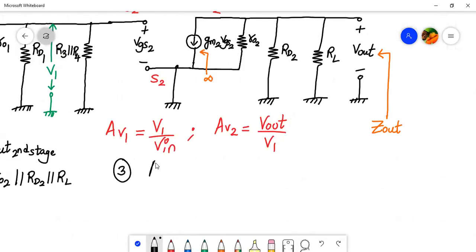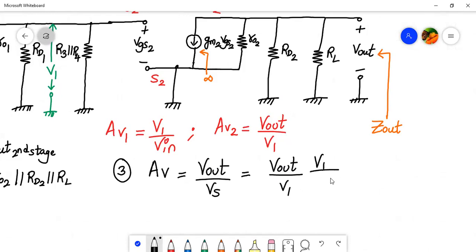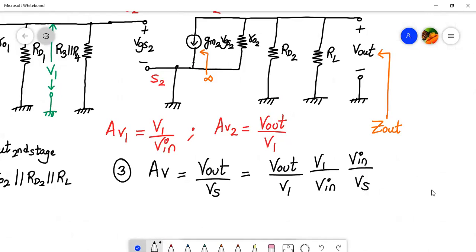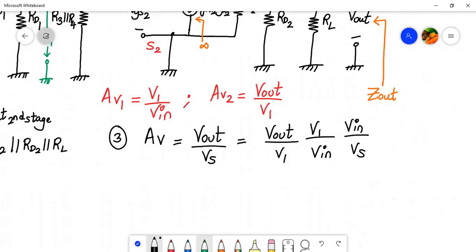Third, we have to calculate the overall voltage gain AV, which is V out upon Vs, which can be written as V out upon V1 into V1 upon Vin into Vin upon Vs, right? The first over here is my second stage gain, this is AV2. The next is AV1, the gain of the first stage.